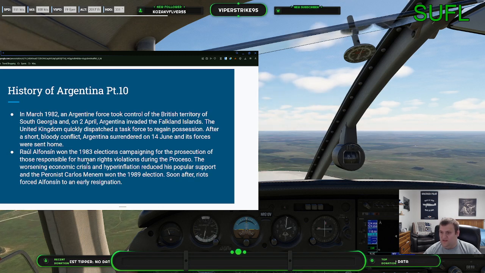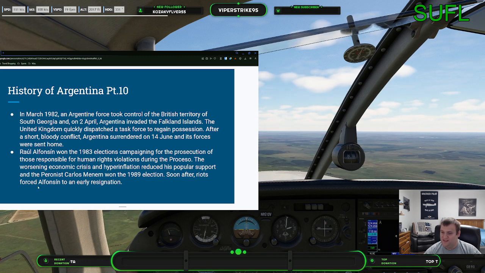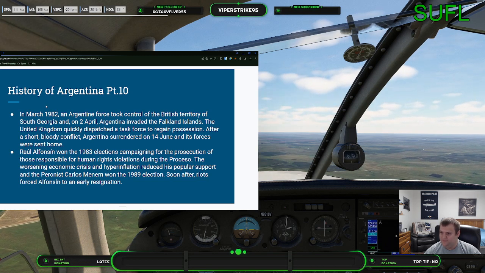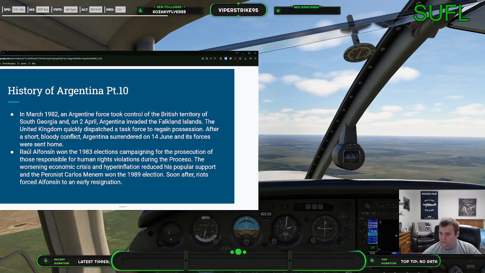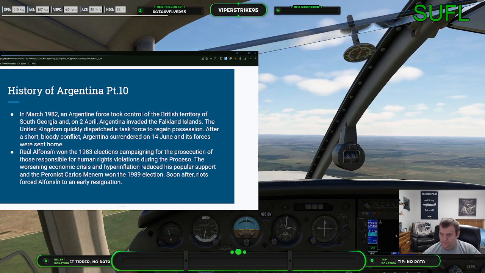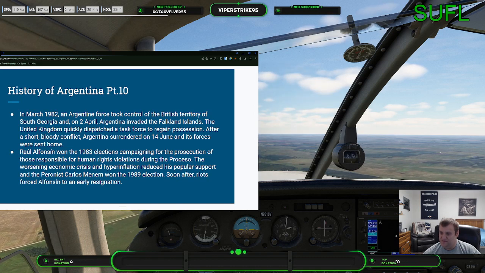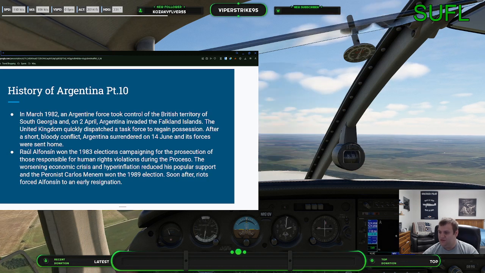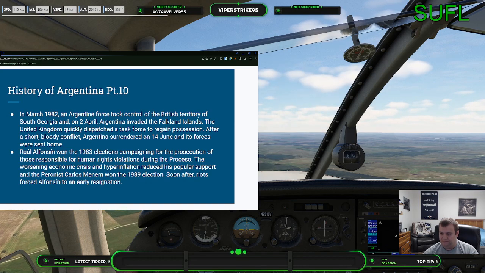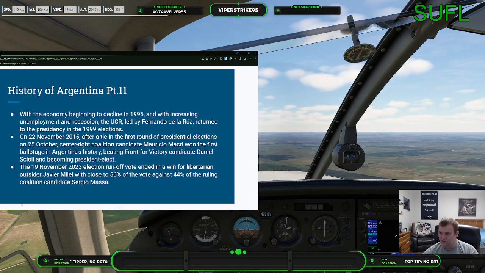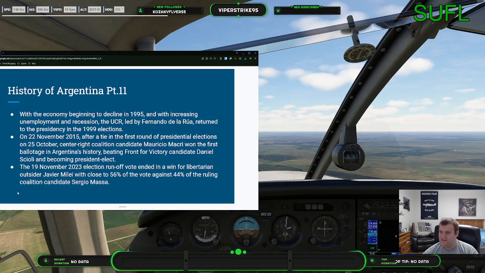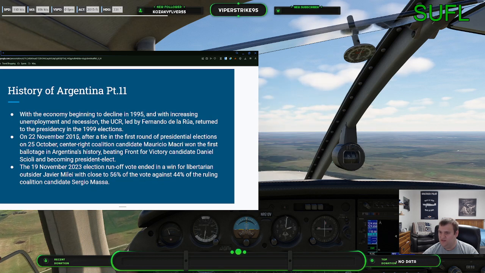Argentina has since transitioned back to democratic elections, starting in 1983 with Raúl Alfonsín. However, despite that, Argentina still faced a lot of instability thanks to economic crisis and inflation, and it's still going even to this day.